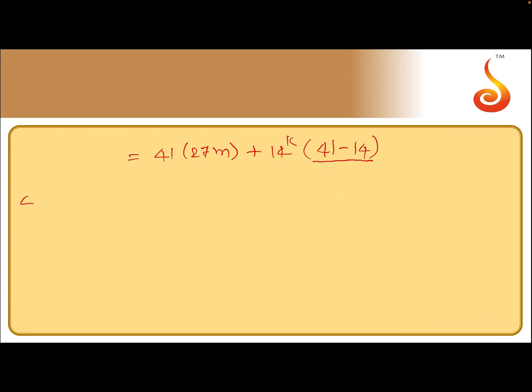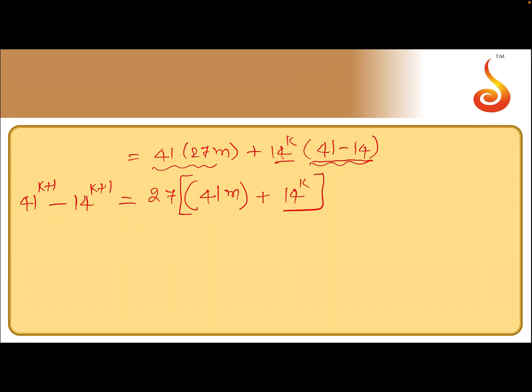So 41 to the power of k plus 1 minus 14 to the power of k plus 1 is simplified as, by taking common value, 27 times 41m plus 14 to the power of k. So it is a multiple of 27.